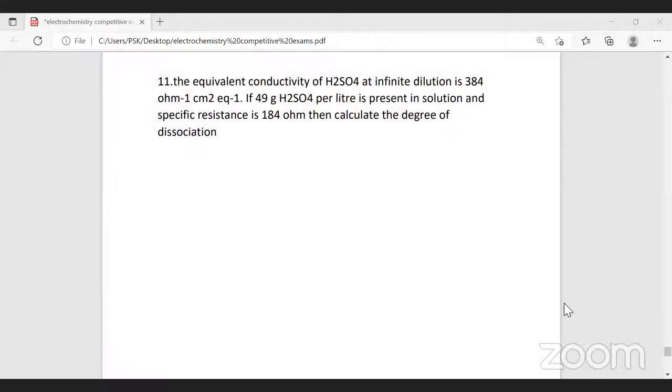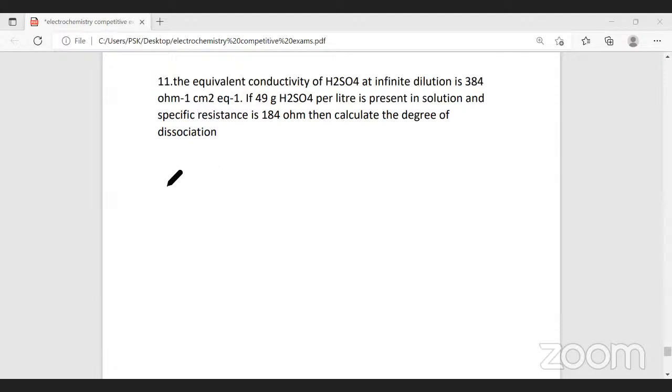The equivalent conductivity of sulfuric acid at infinite dilution is 384 ohm inverse centimeter square per equivalence. If 49 grams of sulfuric acid per liter is present in solution and specific resistance is 184 ohm, then calculate the degree of dissociation.